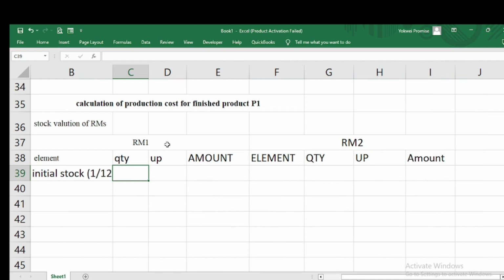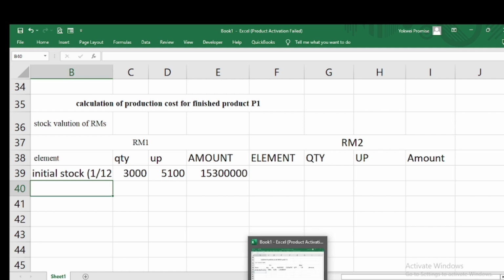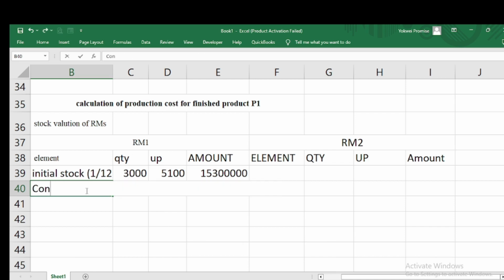So the amount here is equal to this times this, which gives 15,300,000, right? And then the next thing that comes after, please make sure that you respect where the dates are coming. The next thing is consumption.